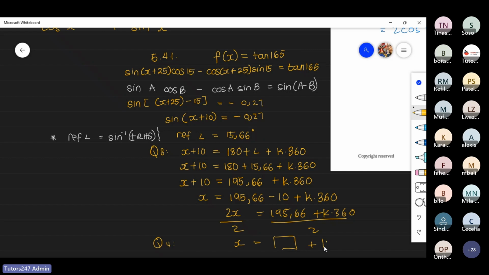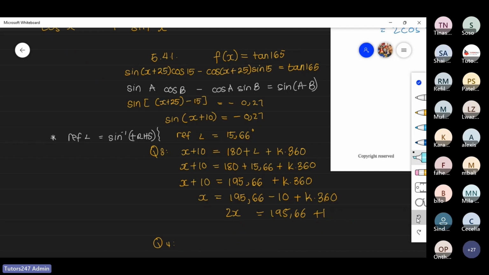Plus k times 180. Keep in mind you have to divide both by 2. You divide this numerical value and you divide the k times 360. So if it was k times 180, you would have ended up with k times 90. So always keep that in mind. It's still a normal equation. Your normal rules of equations still apply. Okay.